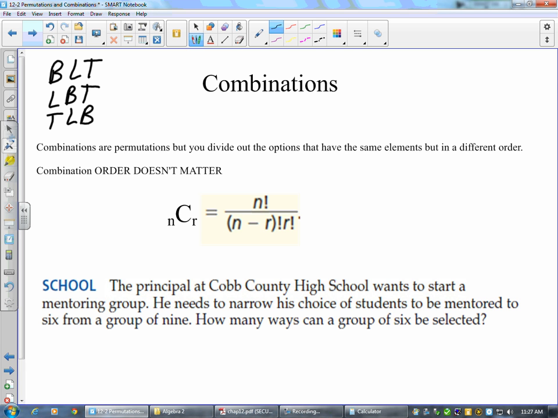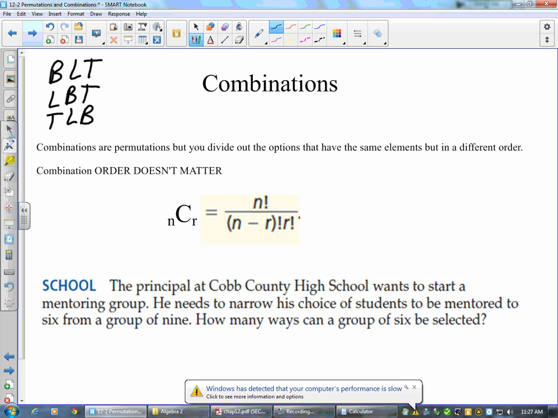I could put all kinds of different options. So the formula n choose r of combinations equals n factorial divided by n minus r factorial, which that part looks a lot like the permutation formula. And then we're going to divide out the r factorial again.